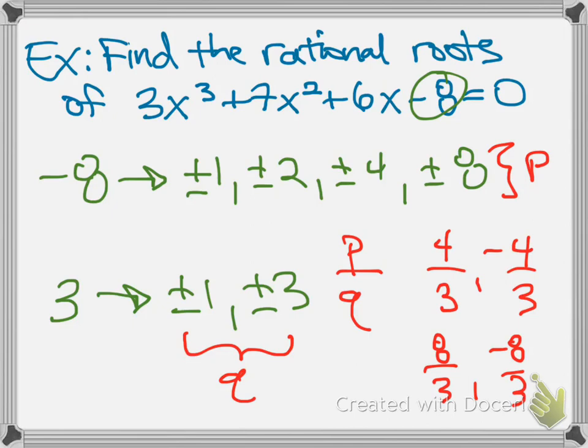So now that we've come up with our list of possibilities, what we need to do is go through and check them and figure out which one or which ones could actually be the roots of our polynomial. So what we're going to do is test out various cases, and when we plug our various roots into our polynomial, we want to get a value of 0 back out when we evaluate the expression.